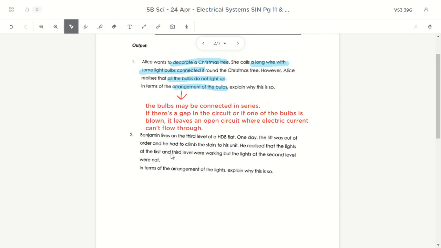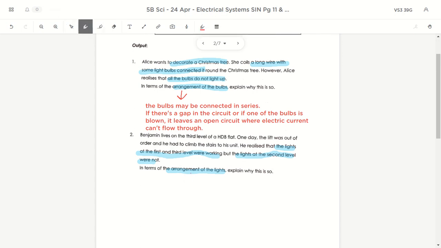As he climbed the stairs, he realized that the corridor lights on the first and third floor were working, but the second level were not. You would expect the whole block to be affected, all the lights out. But in this case, the first and third floor lights were working, but the second floor lights are not working. So once again, in terms of arrangement of lights, explain why this can happen.